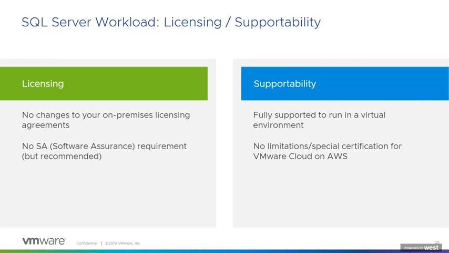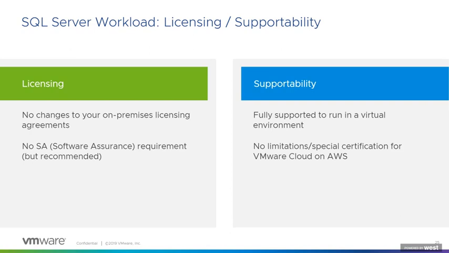SQL Server is fully supported to run in a virtual environment, on a hypervisor supported through the SVVP program, where VMware is listed starting with ESX version 2.5, already for more than 10 years, and all the latest versions of VMware vSphere, including 6.5 and 6.7, are listed as supported versions. And as the same version of vSphere will be used inside of VMware Cloud on AWS, the same supportability rules apply. There is no limitation or special certification process for VMware Cloud on AWS.